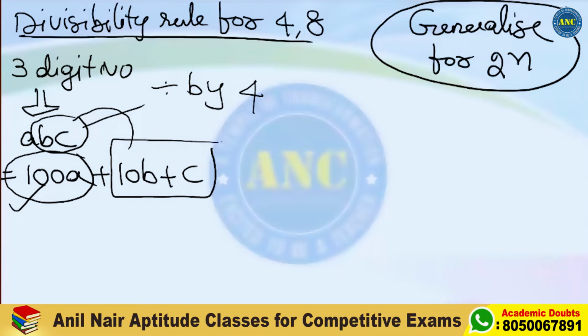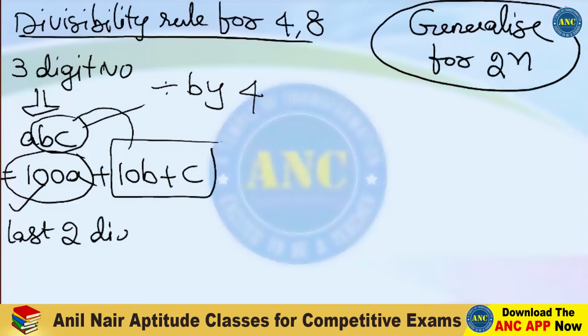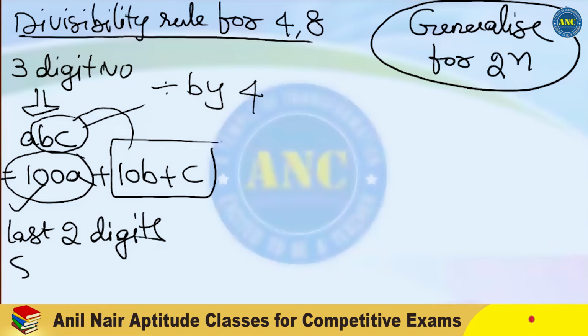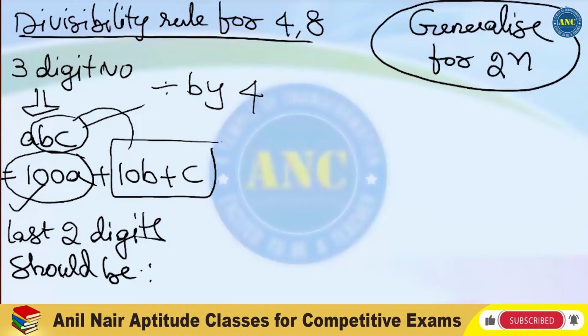That means for a 3-digit number to be divisible by 4, the last two digits should be divisible by 4. I hope the concept is clear.